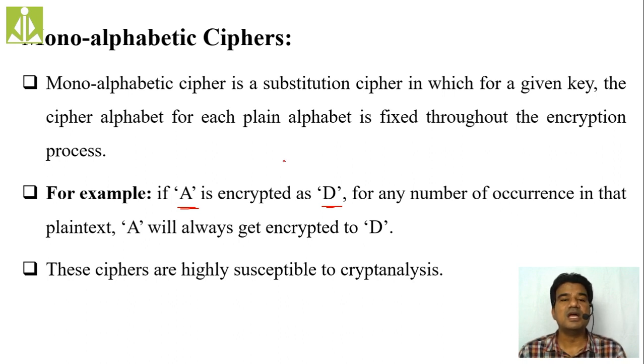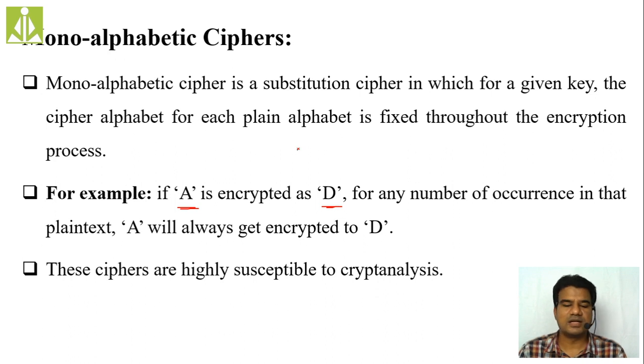That is why if A is repeated n number of times, you will get the same ciphertext character for all A's. So anybody can easily trace that and disclose your confidential message without much effort.